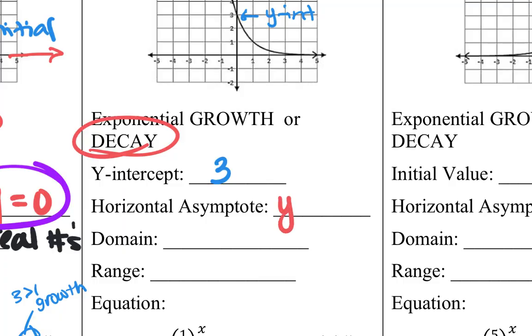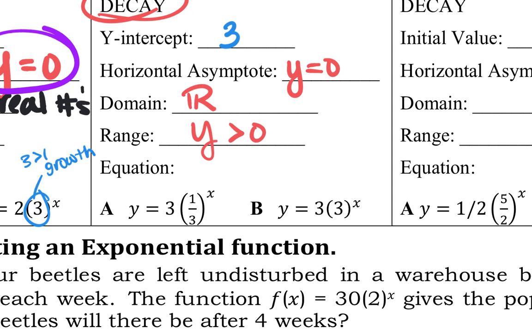Y equals 0. Your domain is always all real numbers. Your range should always be what? Y is greater than 0. It's never going to cross it. Because this is decay with the y-intercept of 3, which one is our equation? A. 1 over 3 is less than 1. That's supposed to be a 3, sorry.